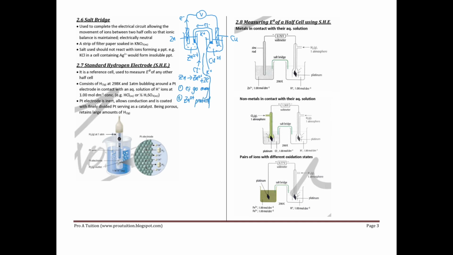So zinc 2 plus keeps producing and electrons keep going away, and the consequence is the half cell is getting more positive.